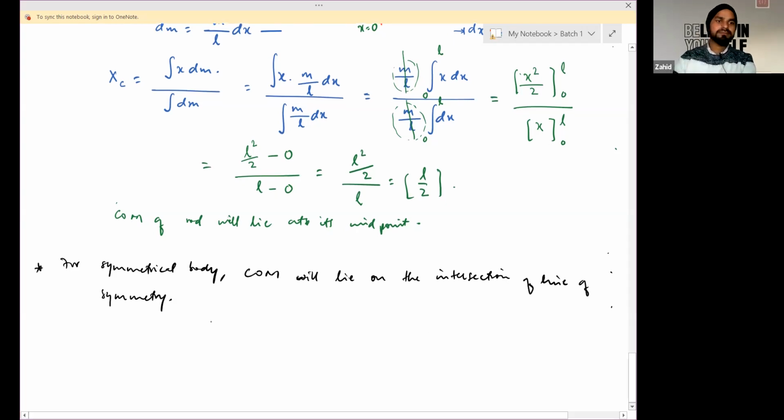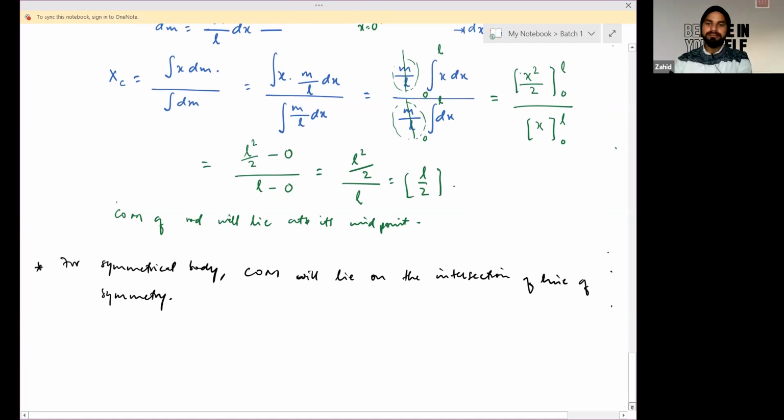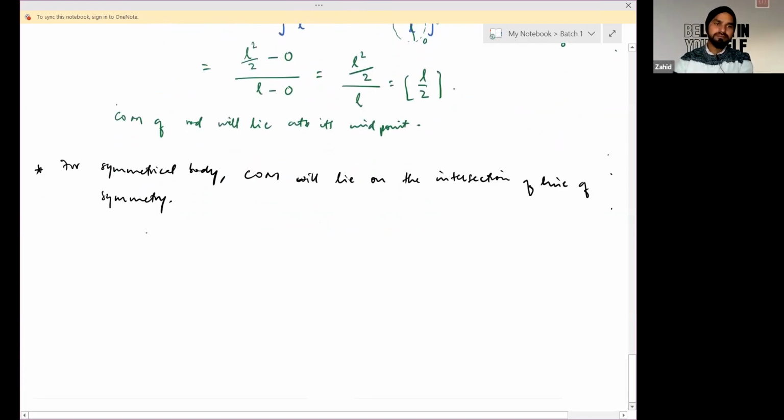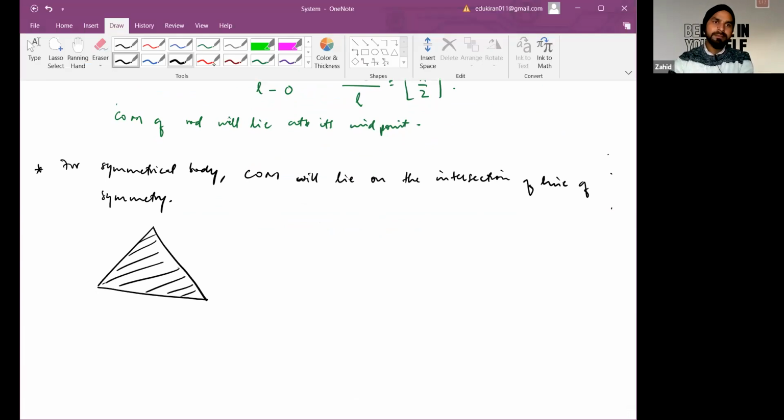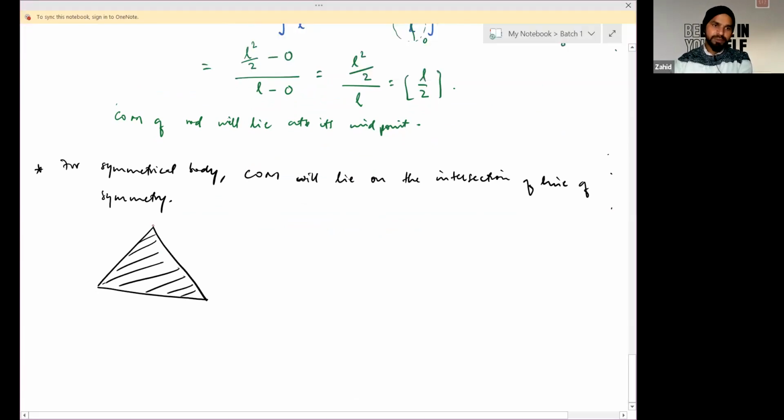Suppose you have a triangle, or a triangular body. If you draw a line which divides it into two equal halves along this direction, this line will be termed a median.